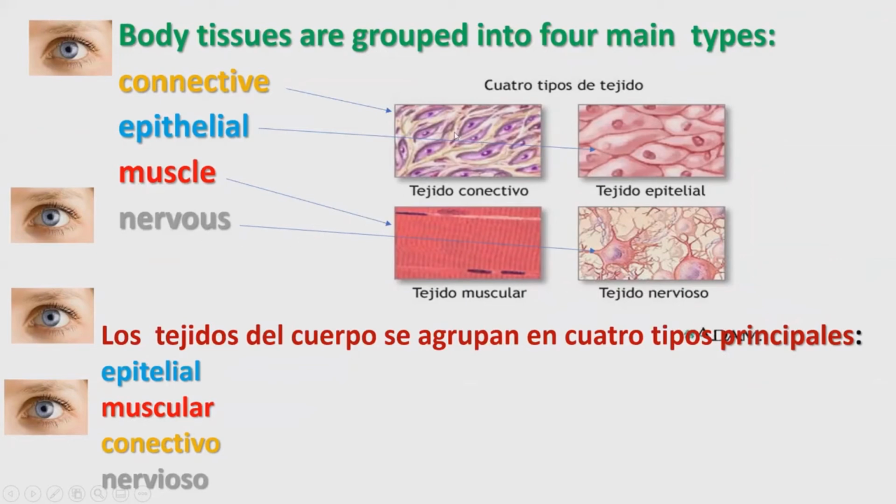You can observe in the figures the image of connective tissue, epithelial tissue, muscle tissue, and nervous tissue.